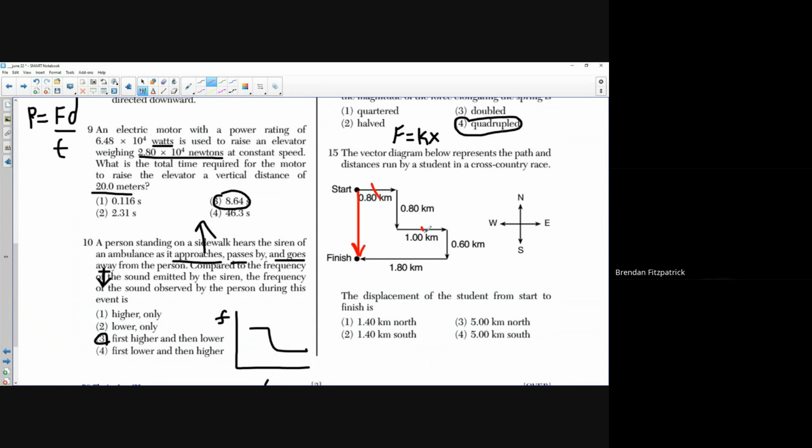So actually 0.8, 1, and 1.8 all cancel out. So I just have 0.8 and 0.6, which represents just 1.4 south. And if I add those lengths together, that's equal to the net displacement. So it's just 1.4 south. 15 is choice 2. Nice.